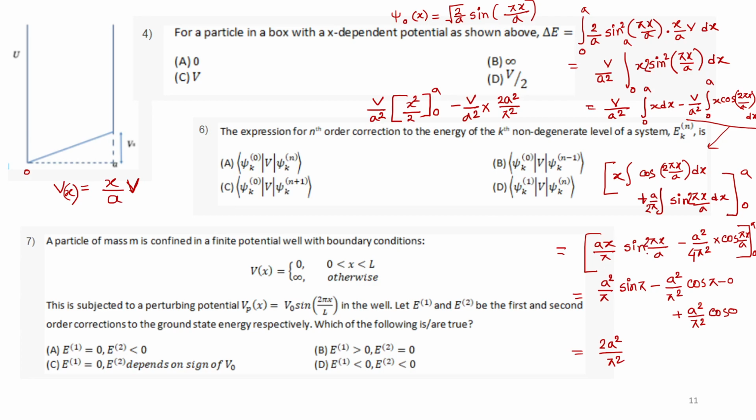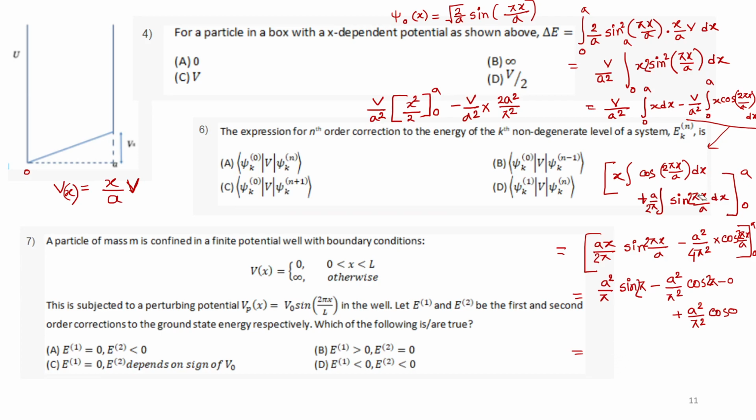Then this is also 2 pi x, a x by 2 pi, and here also it will become 2. So it will become sine 2 pi, which is 0. It would have been cos 2 pi, which is also 0. And then the other terms would also be 0. So actually we would have got 0 from here.